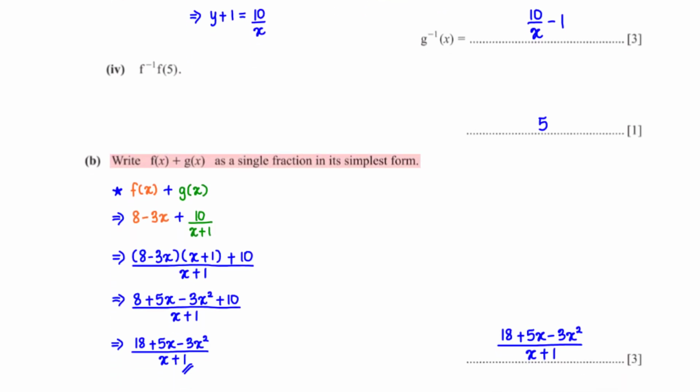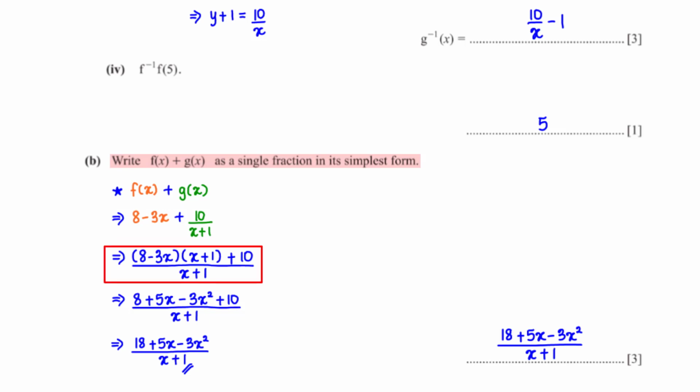Write f of x plus g of x as a single fraction in its simplest form. We've been given f of x as 8 minus 3x, and we've also been given g of x as 10 over x plus 1. The LCM is x plus 1.